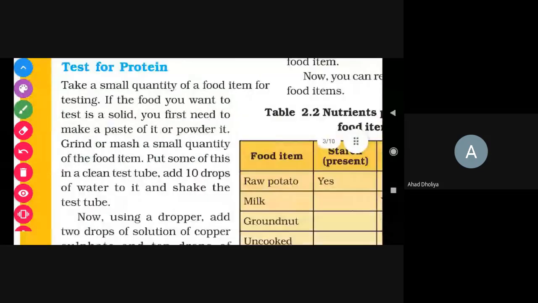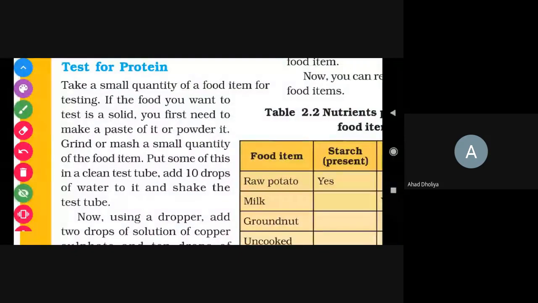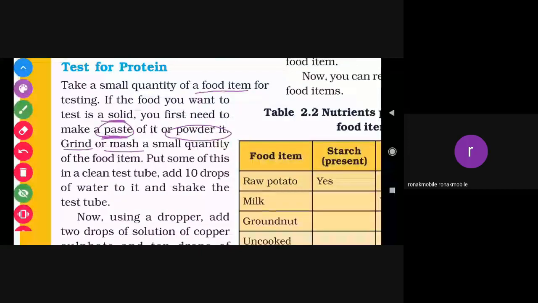What you have to do is take a small quantity of food. Okay, you took a small quantity of food, and if your food is solid, you need to convert it into a paste or powder. You need to grind or mash your food in small quantity. Then you have to add 10 drops of water.